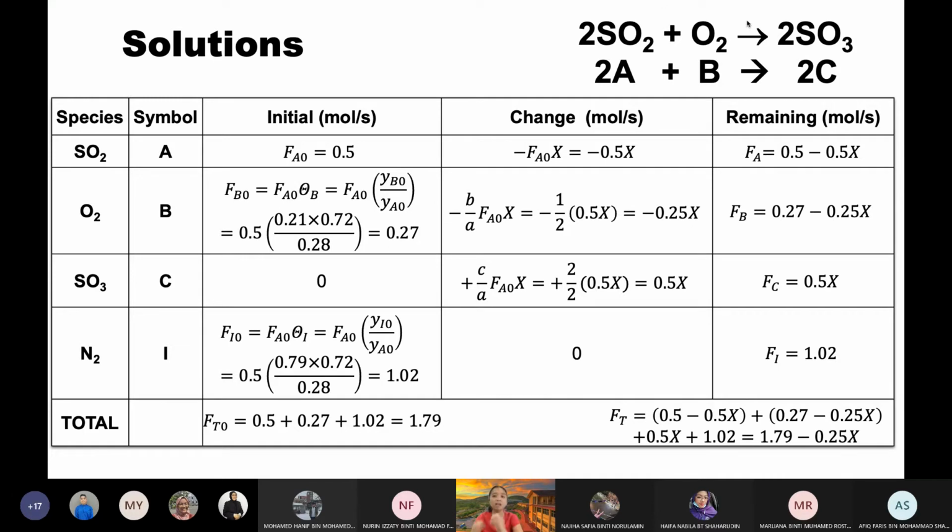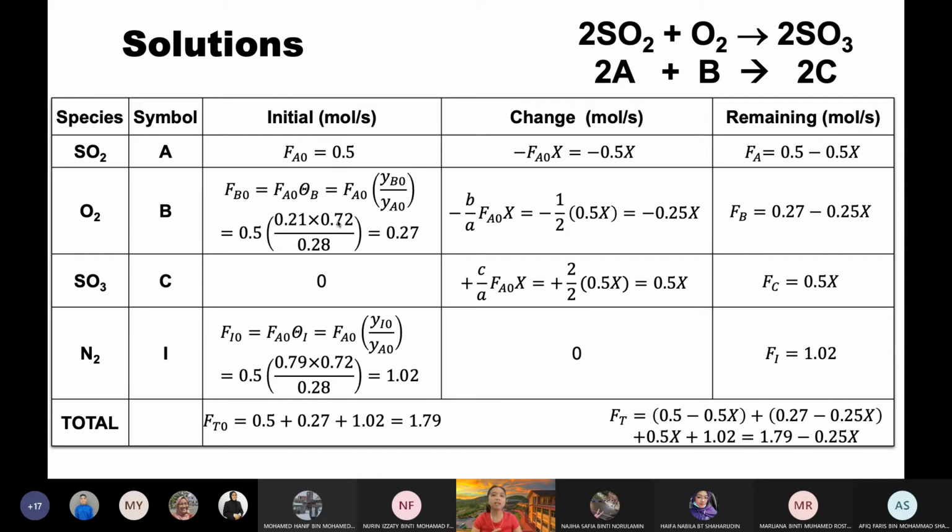So how do we get initial mole fraction of oxygen gas that oxygen gas contains in the air? Overall dalam sistem, my air has 72 mole percent. So 0.72. Dalam 72% air ini ada 21% oksigen.